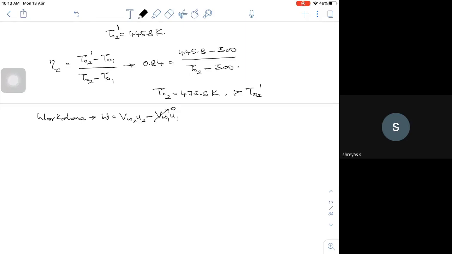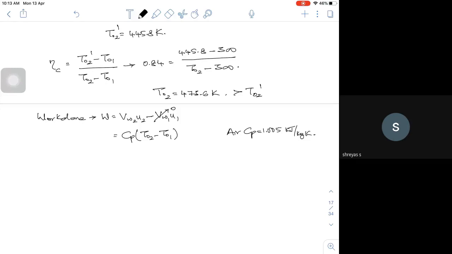Also, I can write it as Cp into T02 minus T01, because in this numerical they have not given the value of W. We can calculate it, because just now we calculated T02 and T01 is given. For air, I can take Cp, specific heat at constant pressure, to be around 1.005 kilojoules per kg degree Kelvin.